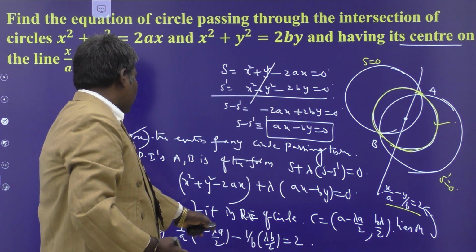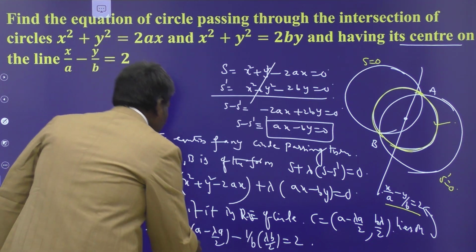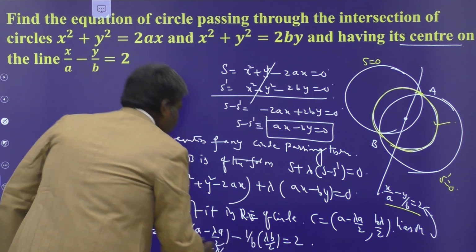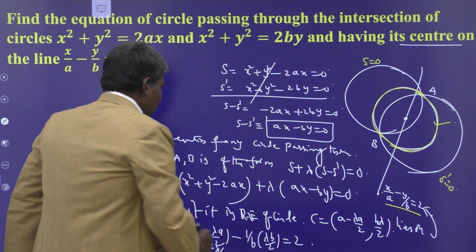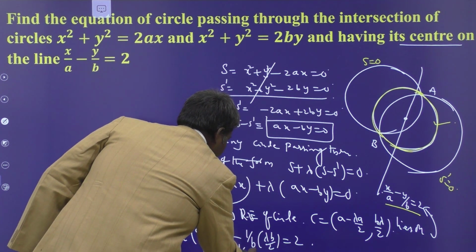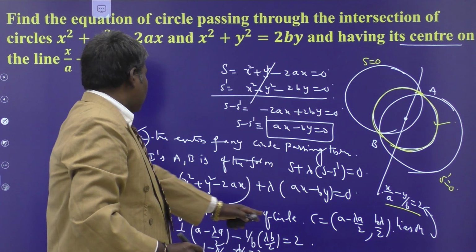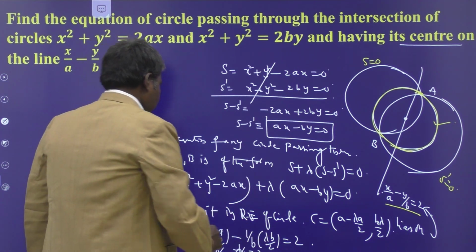So this is 1 minus lambda by 2, again minus lambda by 2 is equal to 2. So lambda is equal to minus 1.